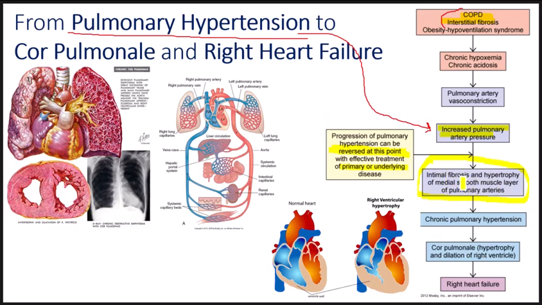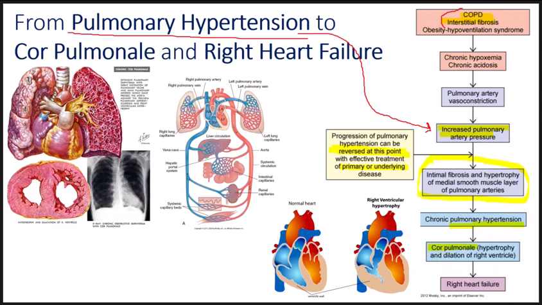If we start scarring and thickening the pulmonary arteries, we are going to further increase the pressure within them because they're not able to dilate properly because they've been hardened effectively. And so this is where it can lead to, that is the chronic pulmonary hypertension, chronic high blood pressure within the pulmonary arteries.